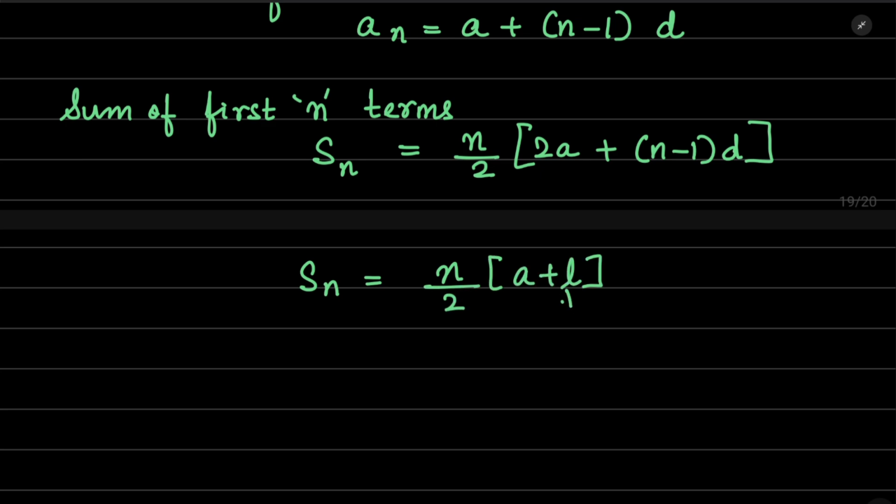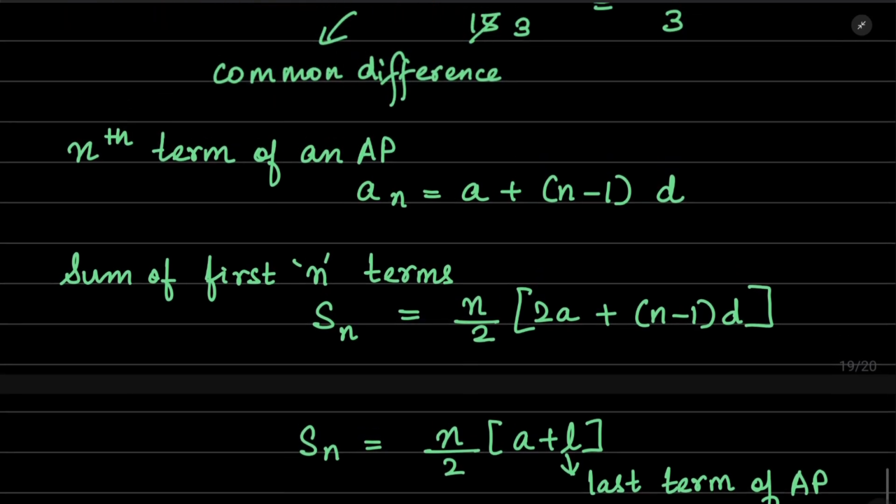If you are given the last term, you can very easily calculate the sum of the n terms. So remember it. If you are given the last term, use the formula Sn equal to n by 2 into a plus l. So these are the important formulas that you should know.